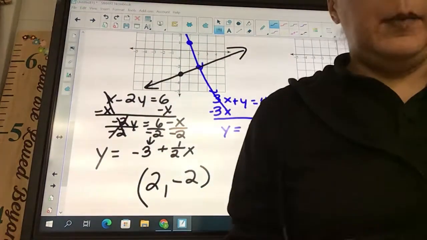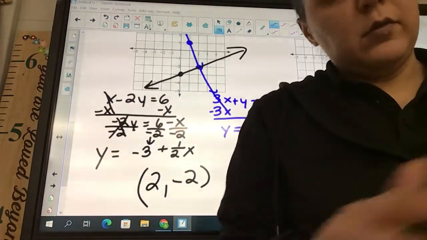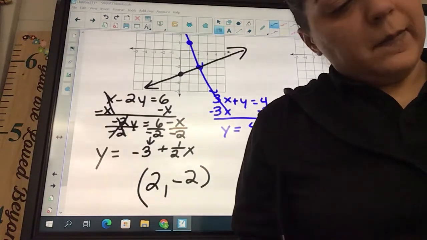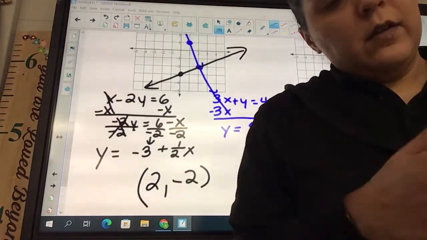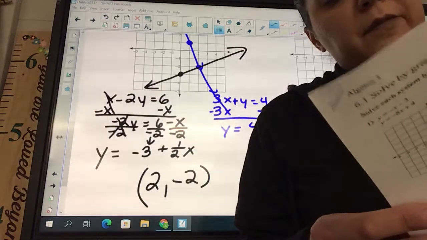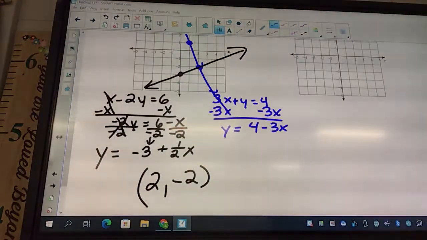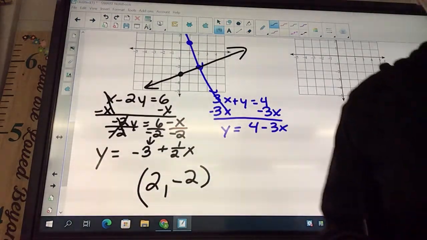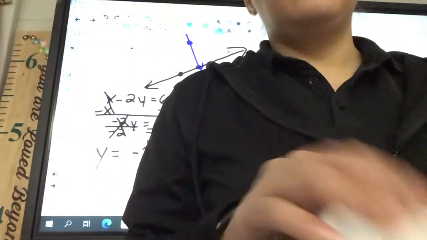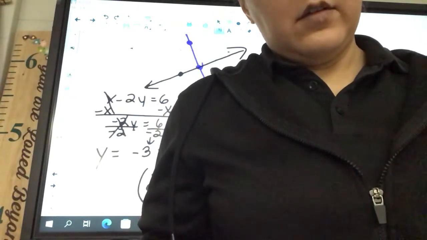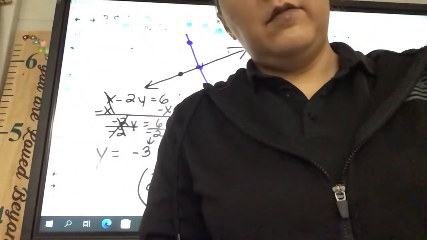And then let me look at your guys' sheet. You guys can cross off 14 also. So what did I say? 3, 10, 13, 14.